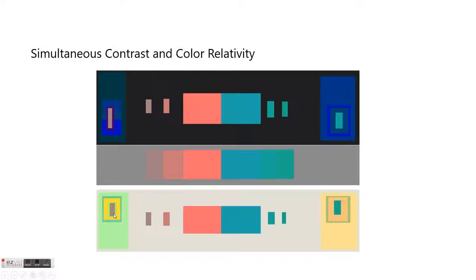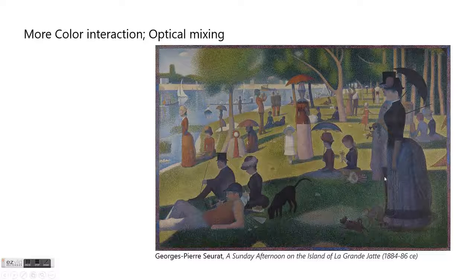We can make a color look darker and cooler by pairing it with light and warm colors. Or you can make a color look cooler but also less intense by pairing it with warm and very intense colors. Whereas you can make it warmer, look more like a yellow, have more of a yellowish hue, by pairing it with really dark and cool colors.